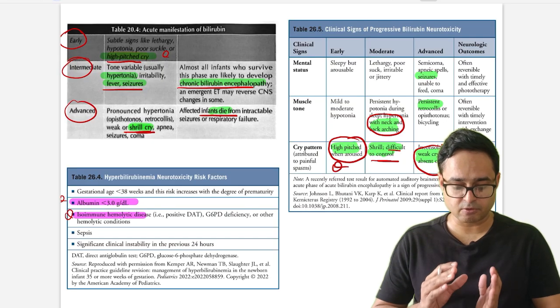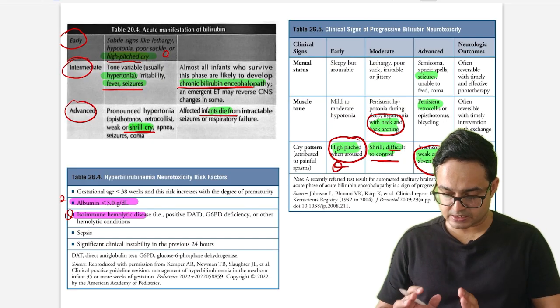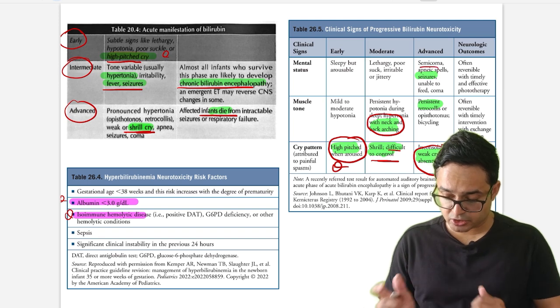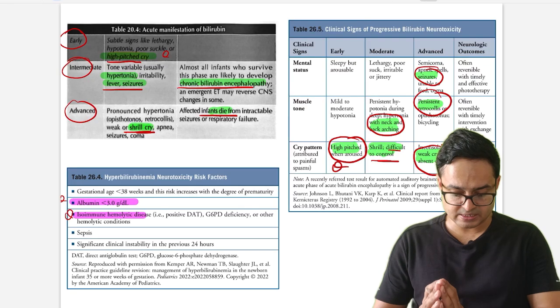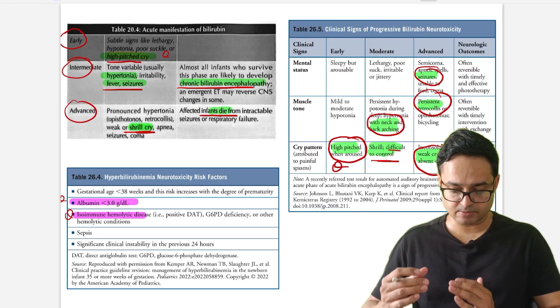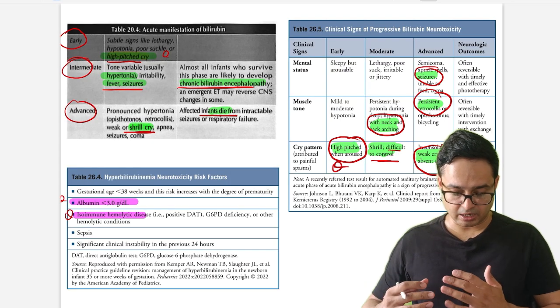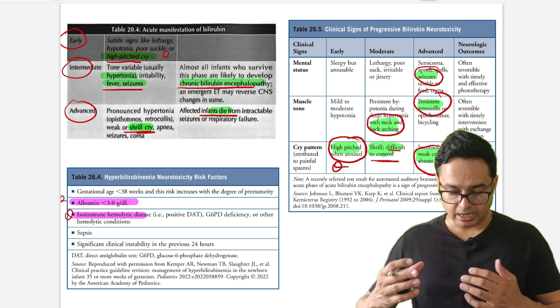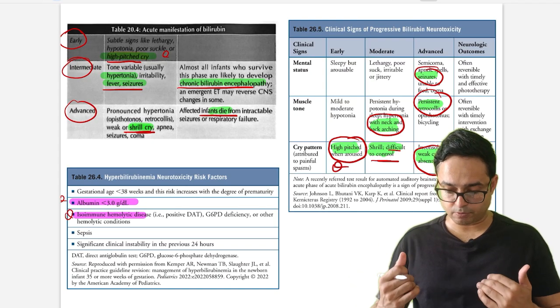You can remember from the AIIMS protocol; Cloherty actually differs from this. Persistent retrocollis and seizures are seen in advanced. So this is common sense: high pitched cry is seen in early, shrill cry in moderate to advanced, and seizures and encephalopathy lead to intermediate to advanced bilirubin neuropathy.